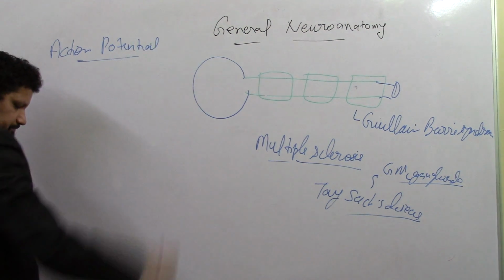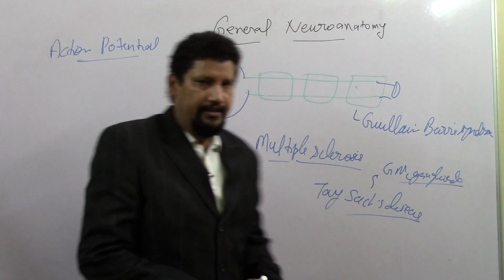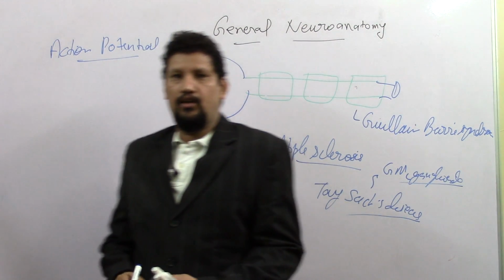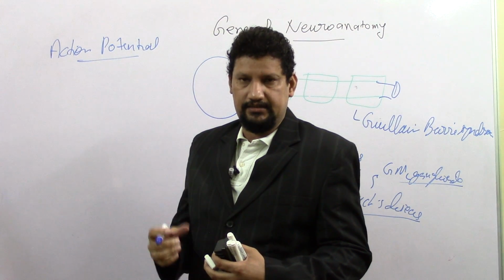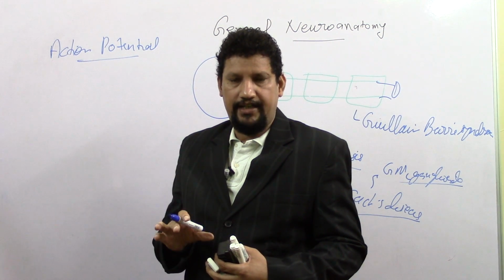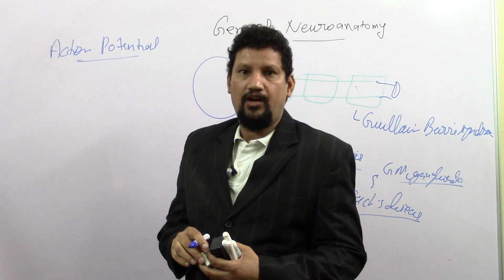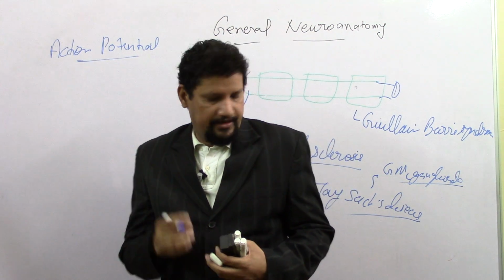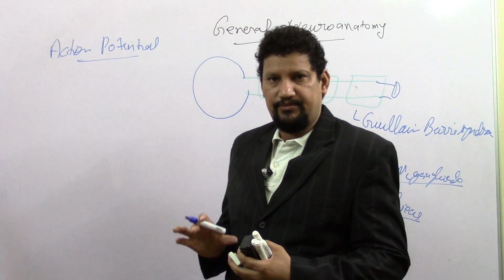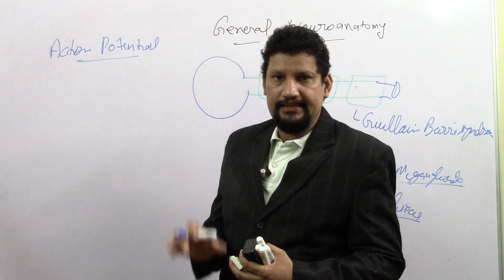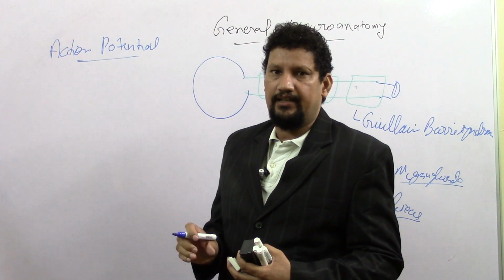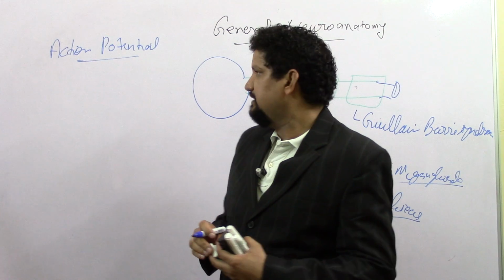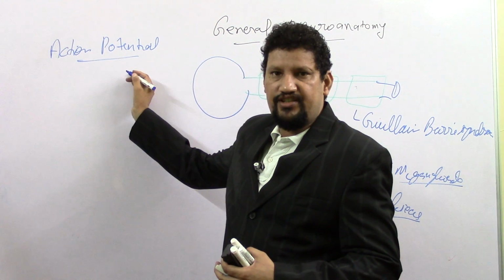This is an electrical impulse. When we receive some sensation from outside or inside the body, or from the proprioceptive receptors, these receptors convert this sensation into an electrical impulse known as action potential.